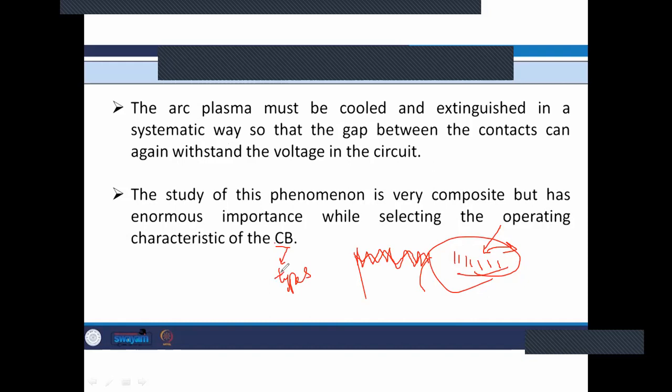From this you can imagine the importance of the arc phenomenon, because circuit breaker types are categorized on the basis of the media used for arc pinching.